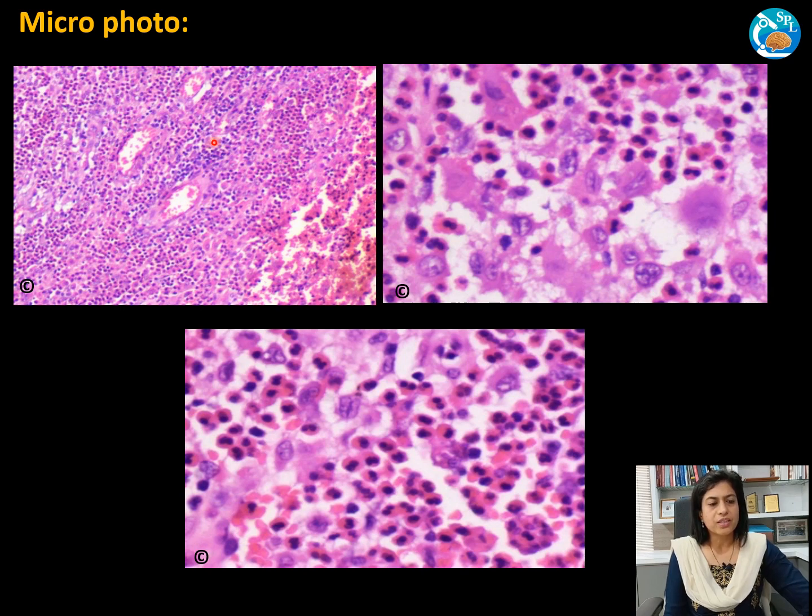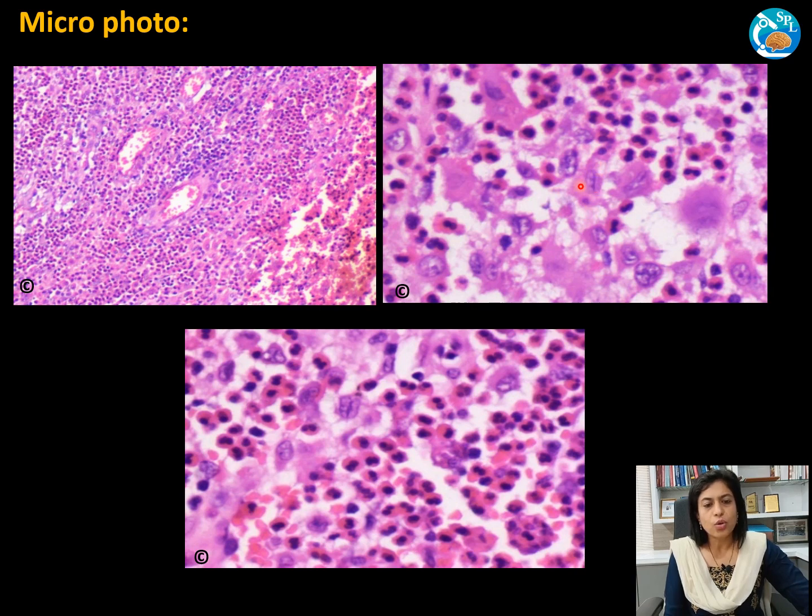Histology revealed the presence of fibrocollagenous tissue showing dense diffuse infiltration by Langerhans cells, macrophages, lymphocytes, plasma cells, and abundant eosinophils. The Langerhans cells are oval cells having, as you can see here, reniform to convoluted nuclei at places showing cleaving.